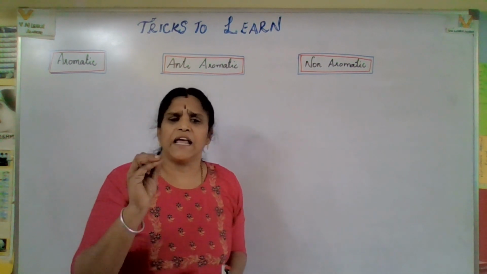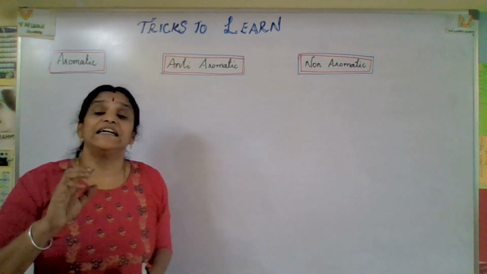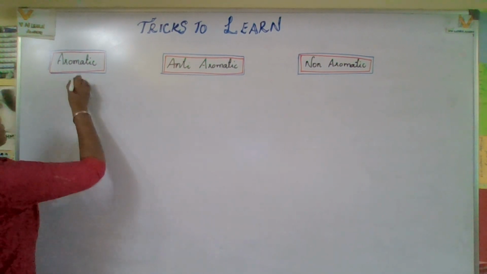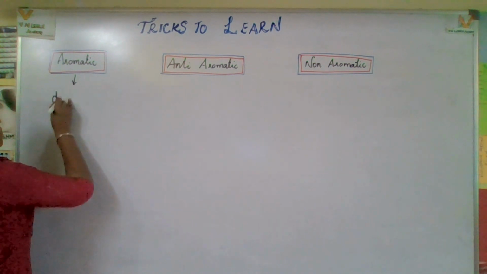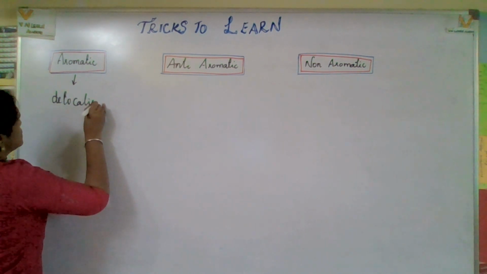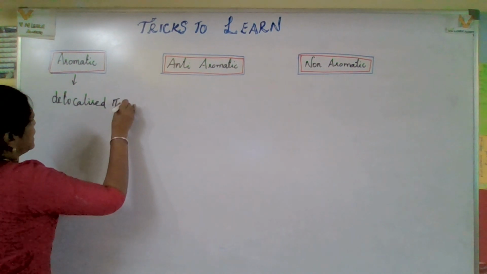Generally, aromatic means delocalized pi electrons. So what is the main point of aromatic? Delocalized pi electrons.